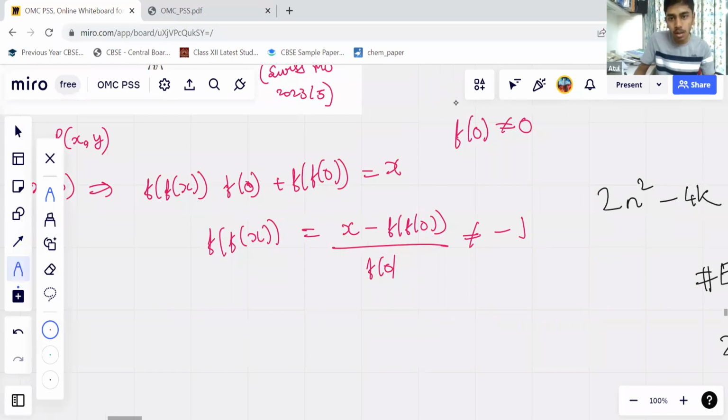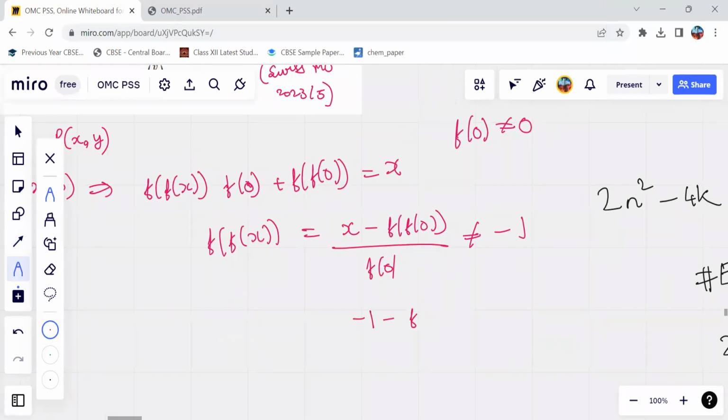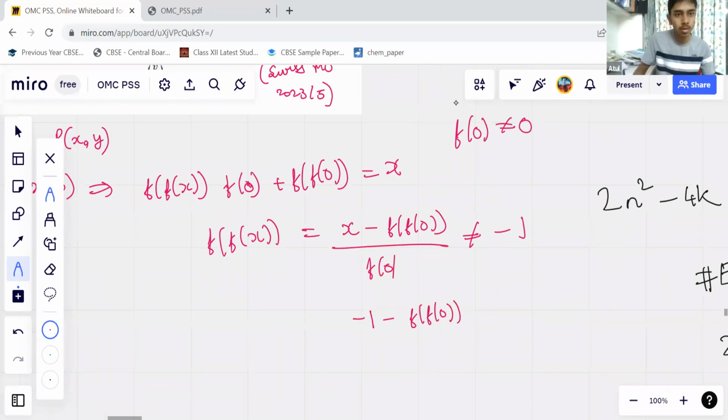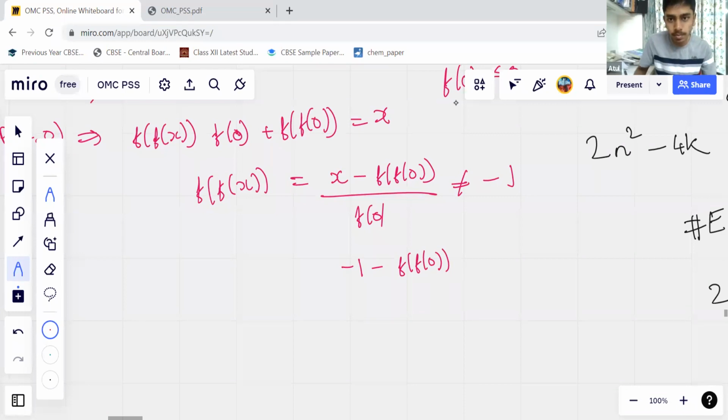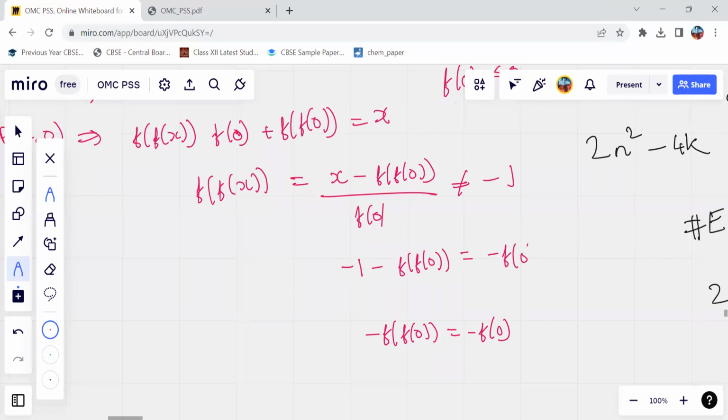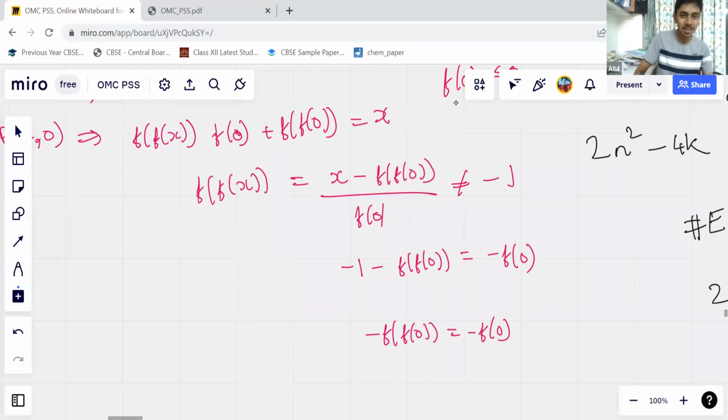And that can only happen when x equals -1, or it would swap -1 and 0, because x equals 0 is not allowed. Wait, why is x equals 0 not allowed? Because x was in the domain. Yes, okay. So it could also be 0. Yeah, so it's possible minus f of 0 is minus f of 0, or the other possibility. That possibility looks better. Yeah, I agree that looks better.